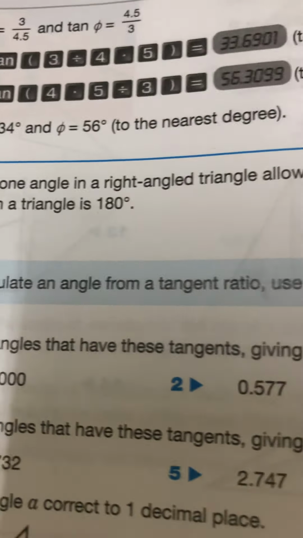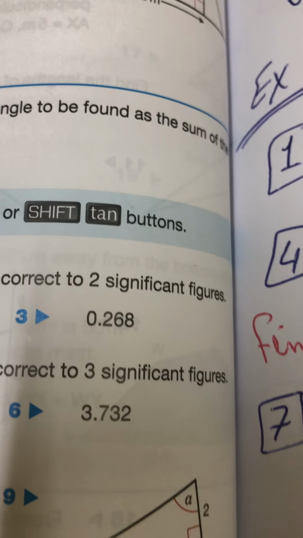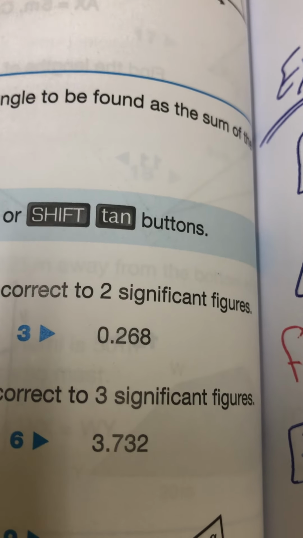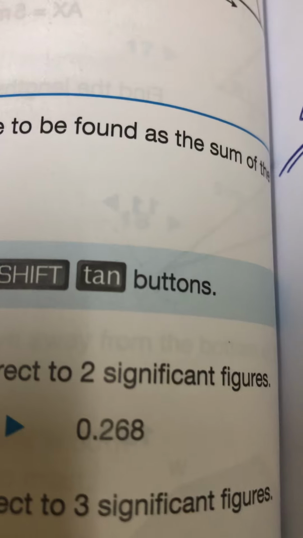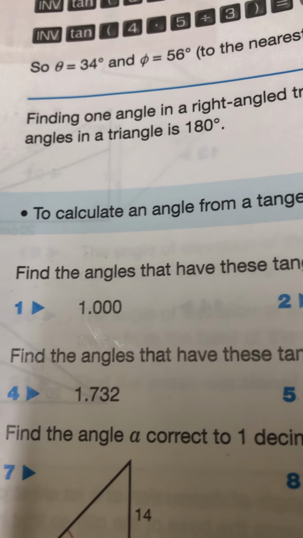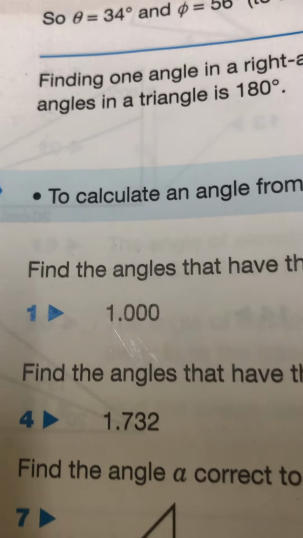Now find the angles that have this tangent, and give your answer correct to 3 significant figures. What is the difference between the upper questions and these questions? Here he asked for 2 significant figures and here 3 significant figures, but in both he asked me to find the angles.